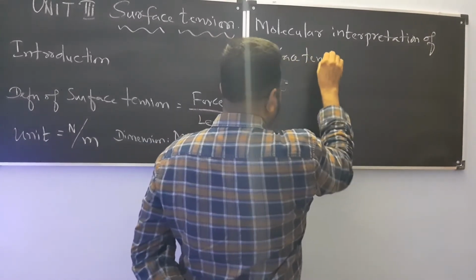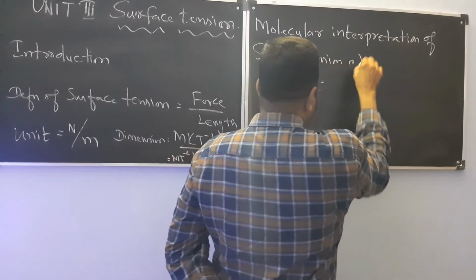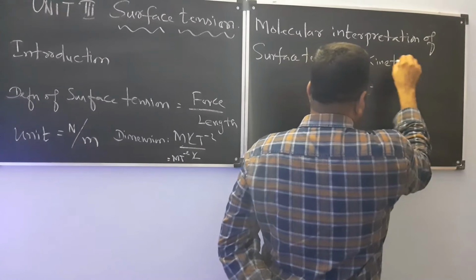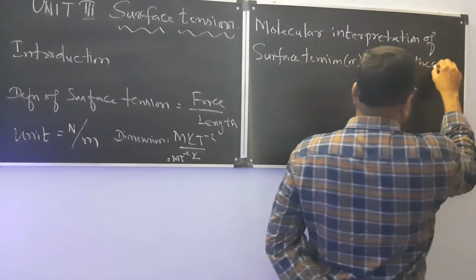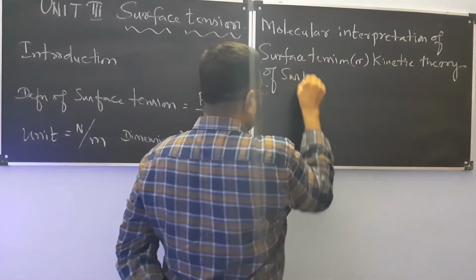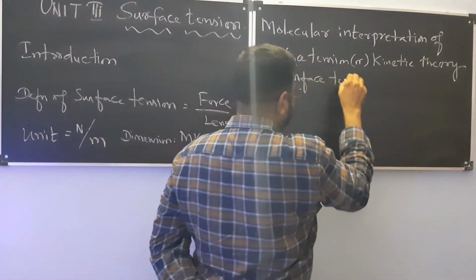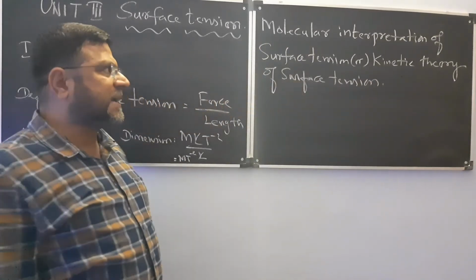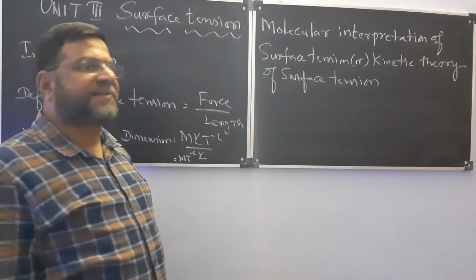This is in your syllabus. Otherwise, sometimes they will ask kinetic theory of surface tension. It has two names: one is molecular interpretation of surface tension and the second one is kinetic theory of surface tension.